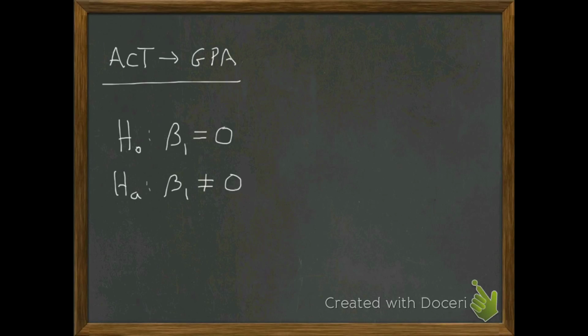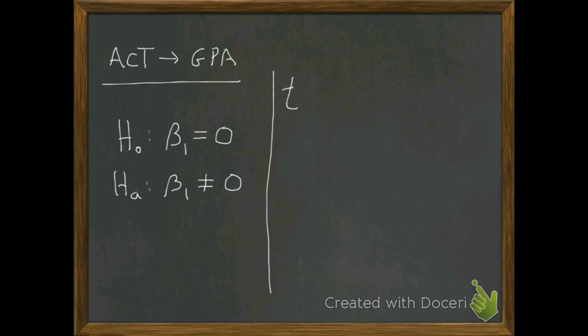If we get a statistically significant slope, it'll just be the change in GPA per 1 unit increase in ACT.